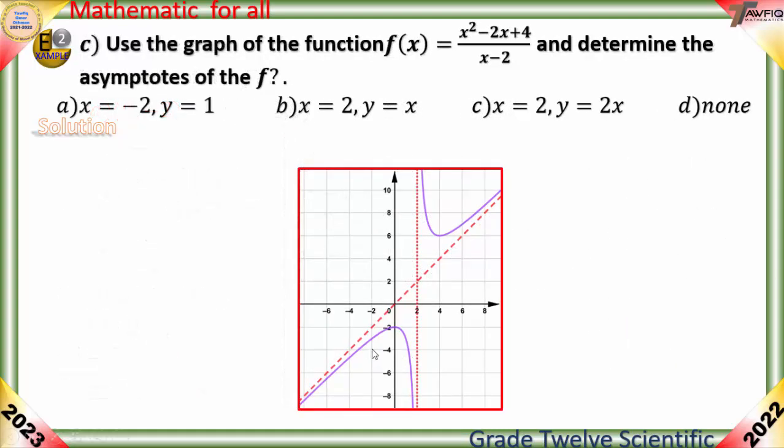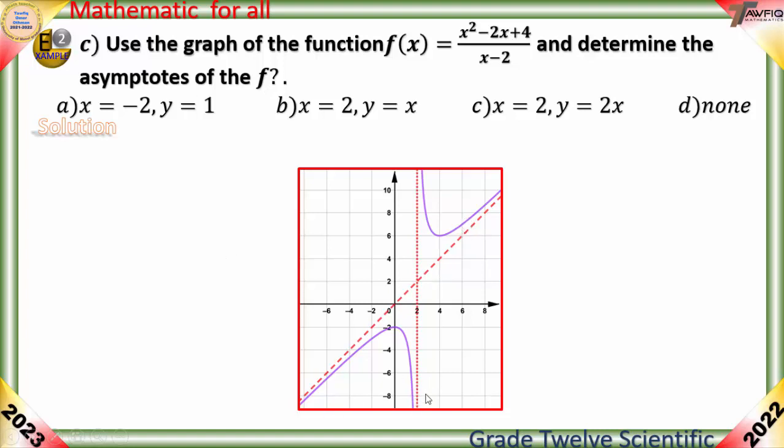And now use the graph of the function f of x equals x squared minus 2x plus 4 over x minus 2. Determine the asymptotes of the function f. As you can see at the graph of the function, you have two asymptotes.